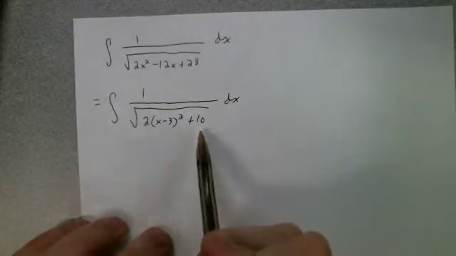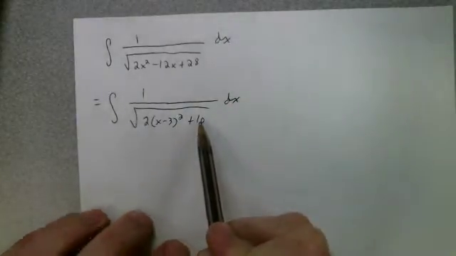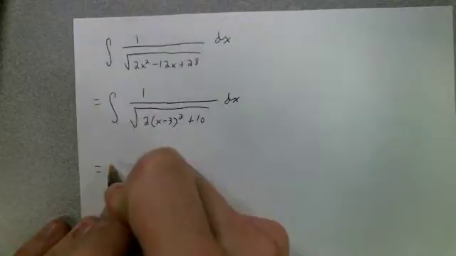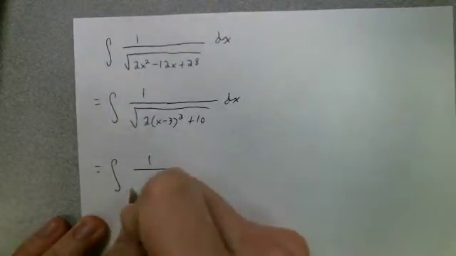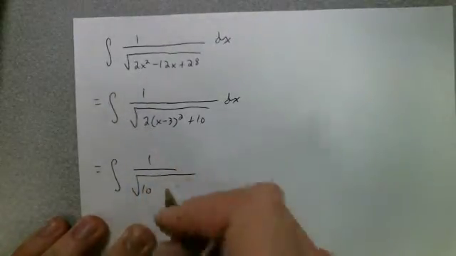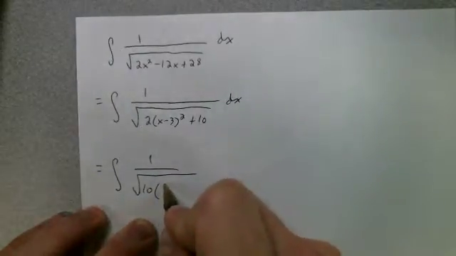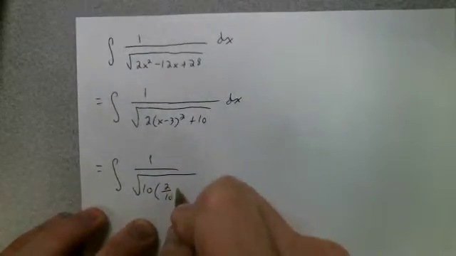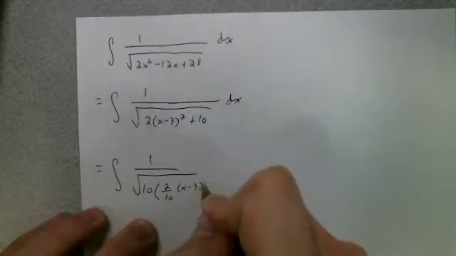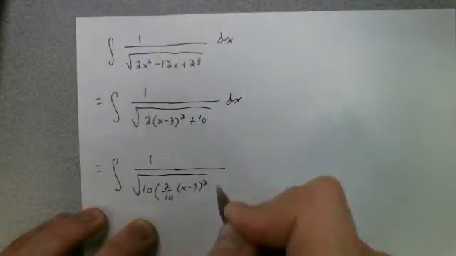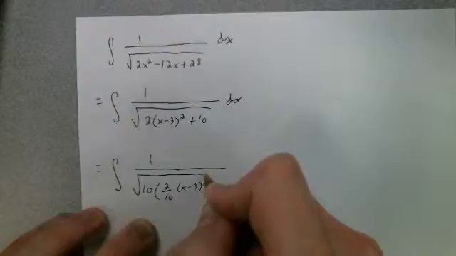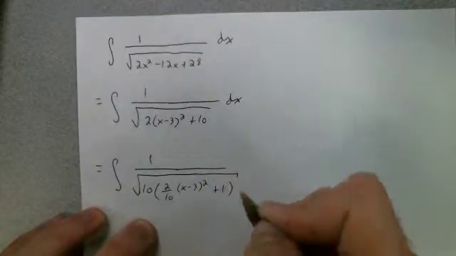It still doesn't look quite like it, because I don't have a 1. But I can get a 1. I'll factor out a 10, and I better put a 10 here, like so.